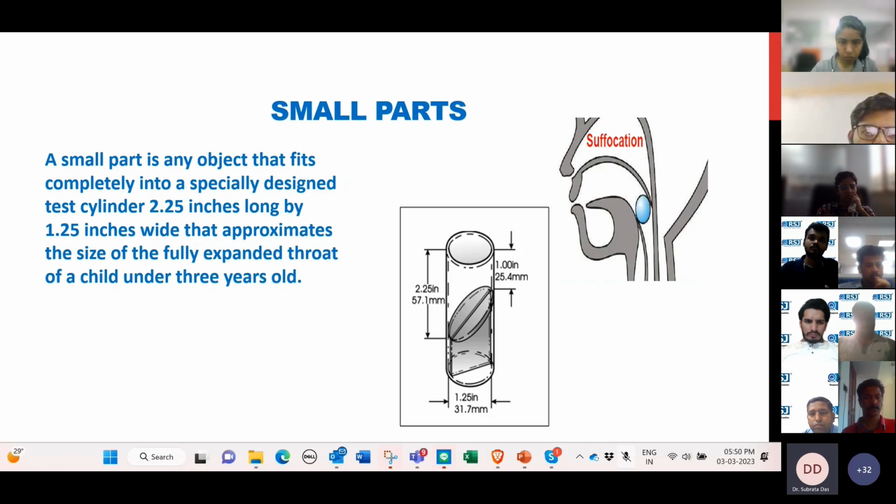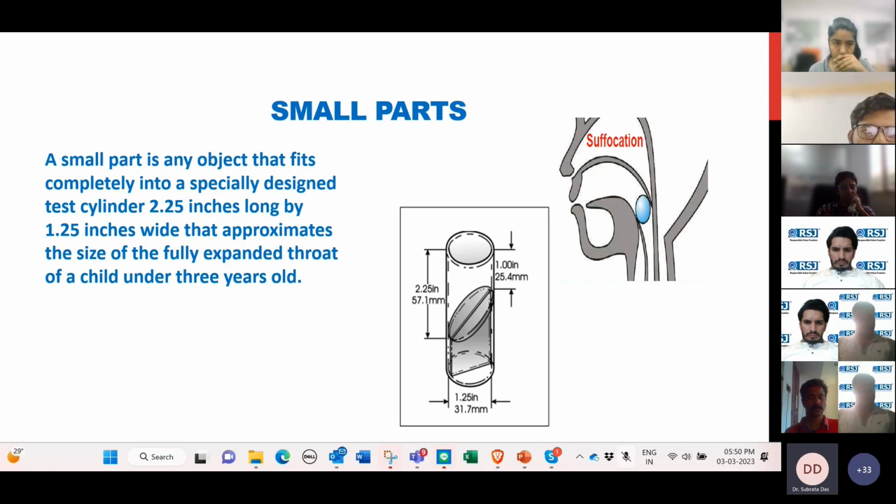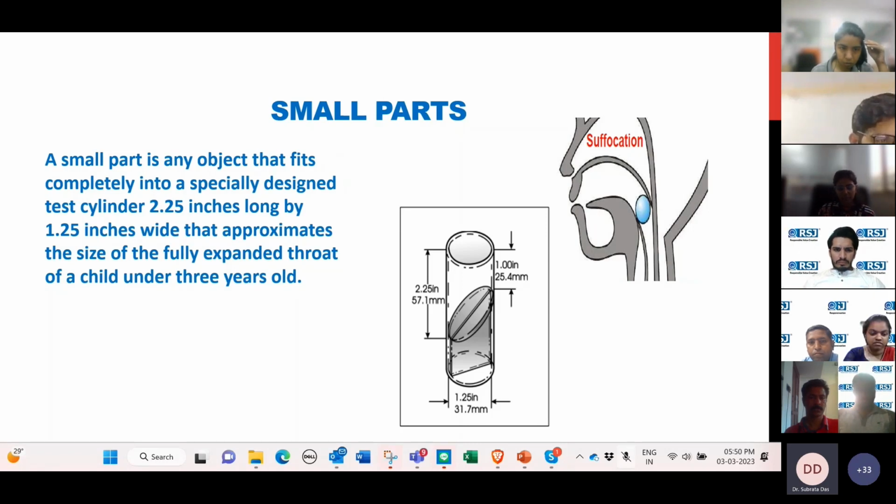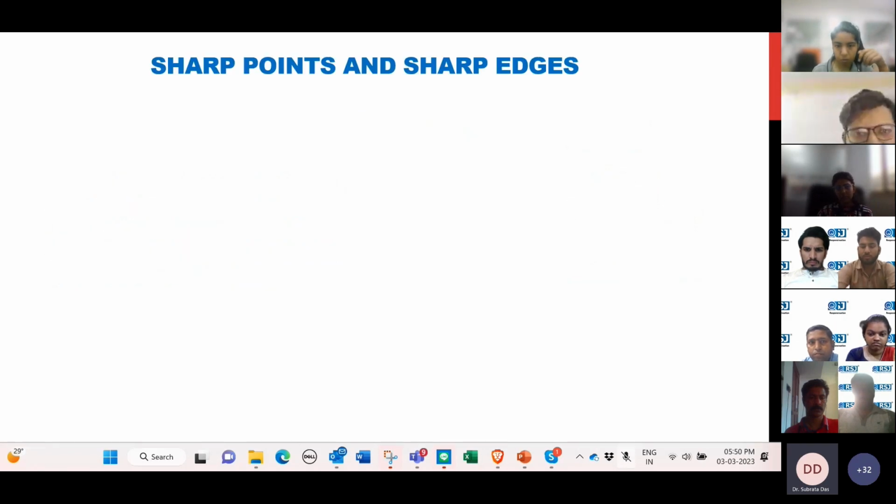So that is why in the industry, small parts are judged by experimenting through this test cylinder. Now, a lot of digitalization of this small part equipment has happened, but this is the base of that. The theory behind this is how a particular item can become a small part.